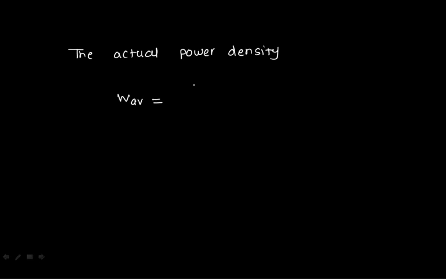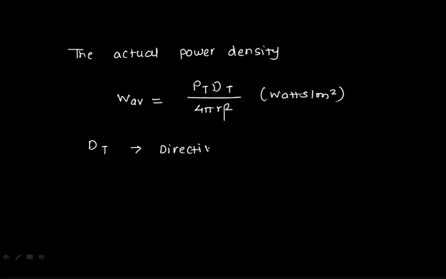The W average is equal to PT DT divided by 4 pi r square. This will be watts per meter square. Now what is this DT? This is the directivity of antenna 1. So I need to consider the directivity of antenna 1, which is the transmitting antenna.